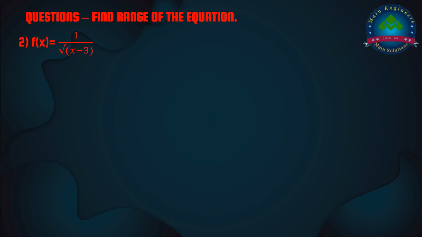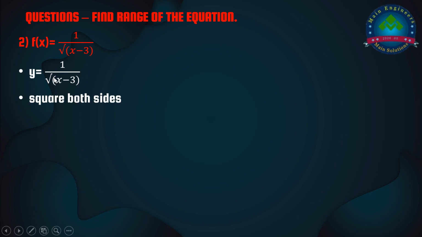Let's go to another question. f(x) is equal to 1 by root over (x minus 3). The first step is write y is equal to f(x), so y is equal to 1 by root over (x minus 3). The second thing, again, if the root is in the denominator, how are we going to remove the root?